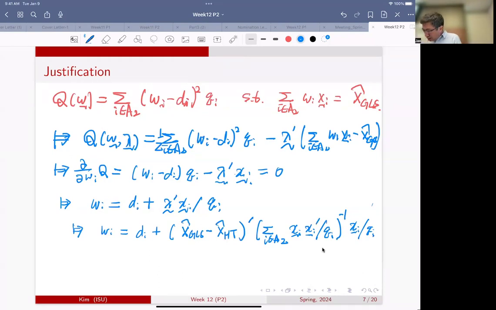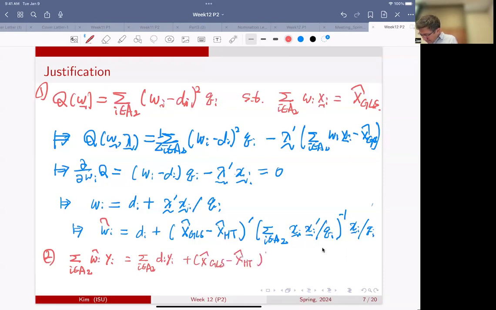Second part, right, y hat is yi plus something, and then by construction this is the X hat from sample 2.